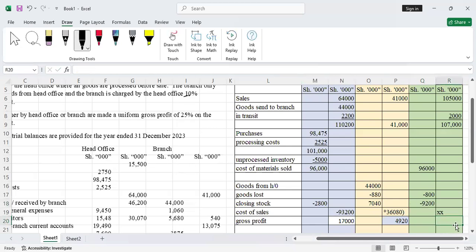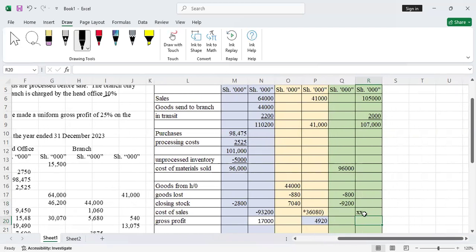And we'll have to work forwards for the combined business to arrive at cost of sales and gross profit. Can we do that? 96,000 minus 800 minus 9,200. What do you get? Quickly, 96,000 minus 800.